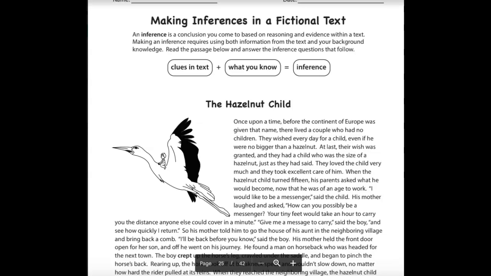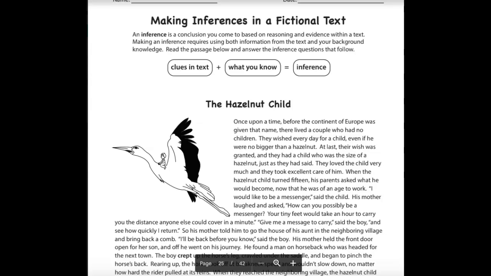So you just know that from living your life and being exposed to that information. And so the inference that you can make is that it's a windy day. And you don't have to read that in the text to say it's a windy day. You just know that. You put those clues together.